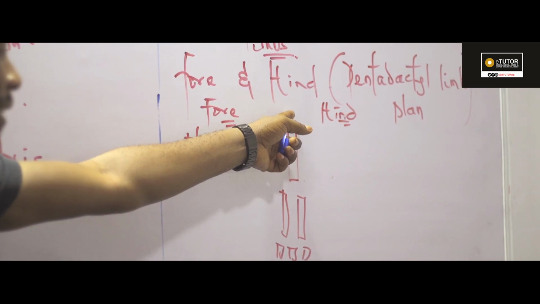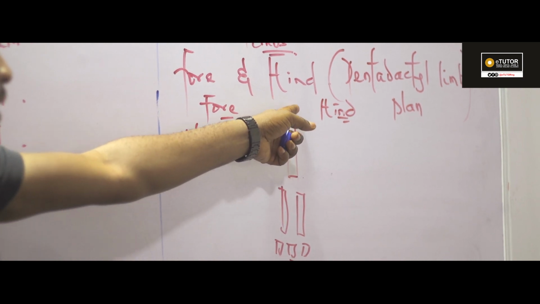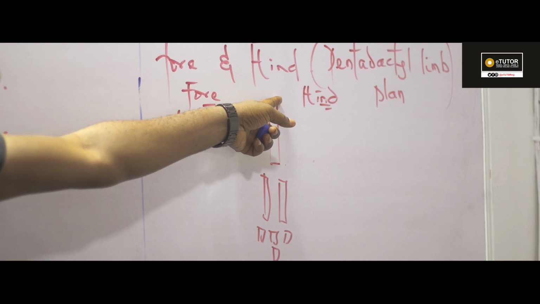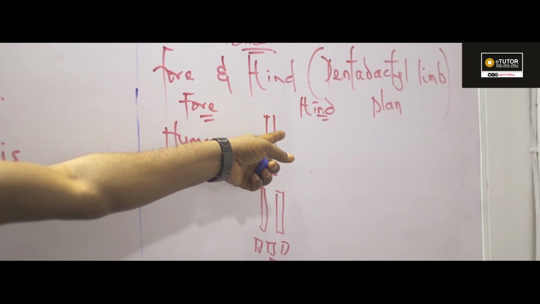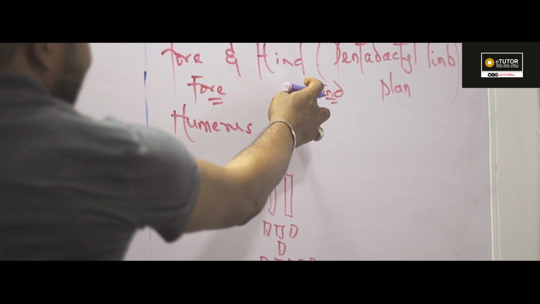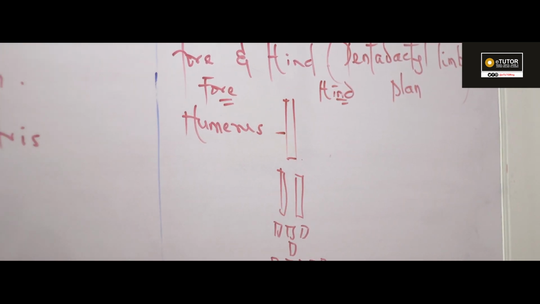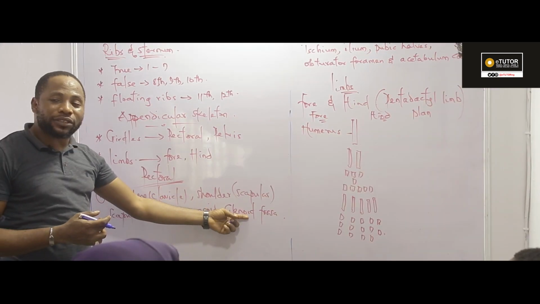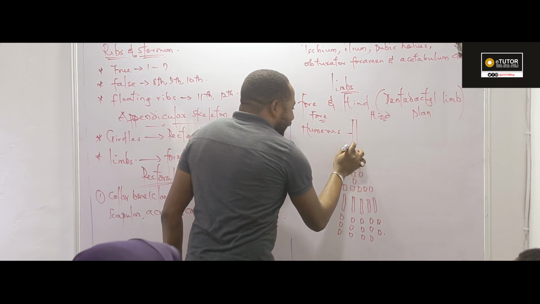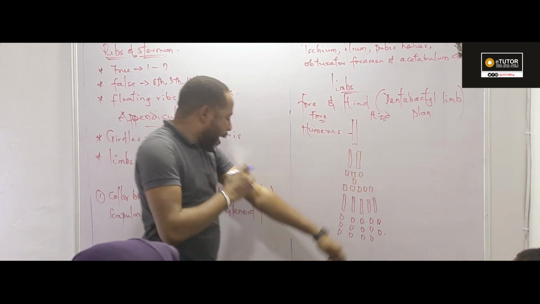The head consists of greater and lesser tuberosity. And the head fits with the glenoid fossa to form a ball and socket joint.